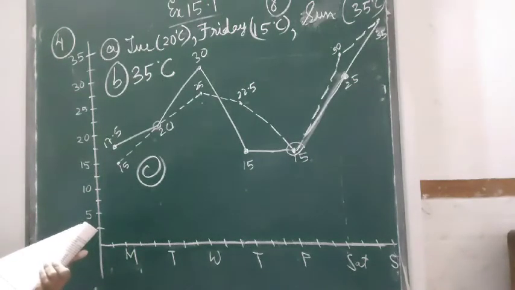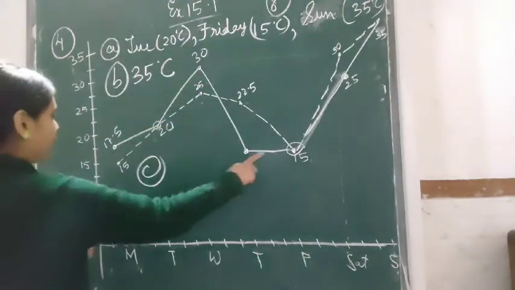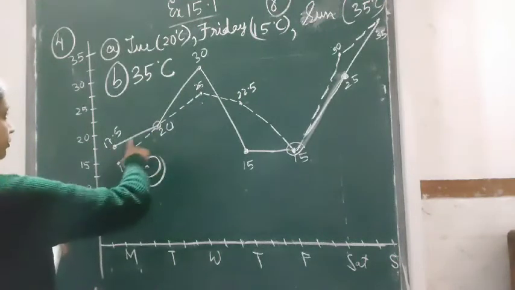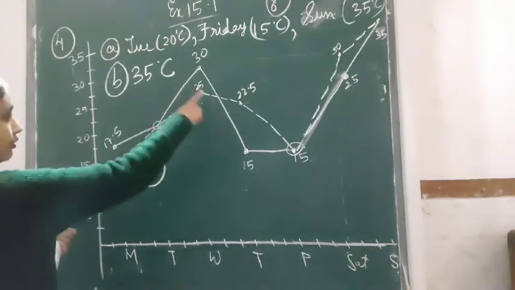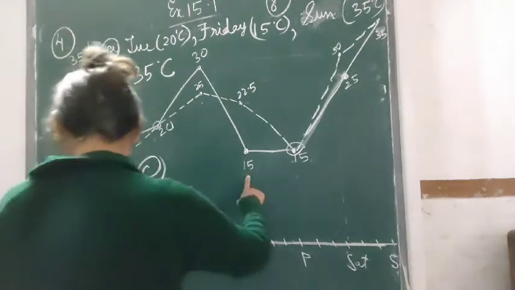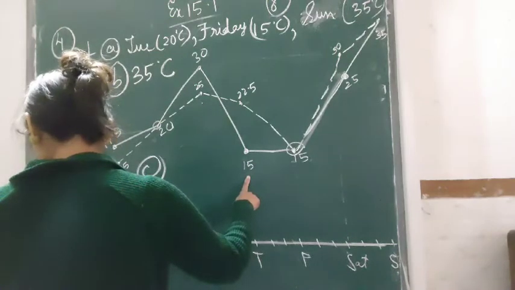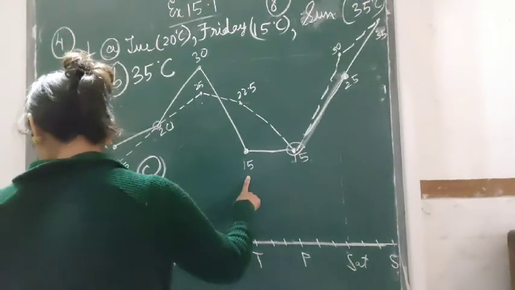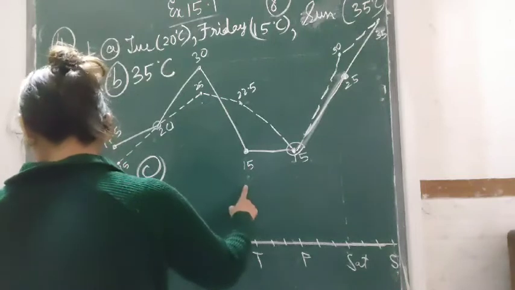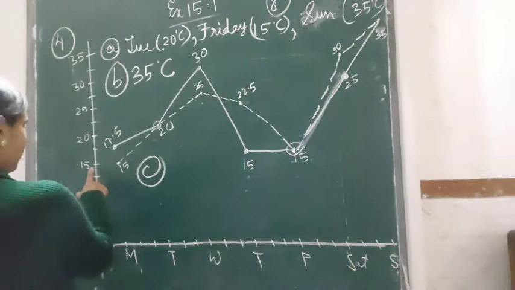What was the minimum actual temperature during the week? Actual means the proper line, and minimum, where it is minimum. We don't have to tell the days. We have to just tell what was the minimum temperature. So what is the minimum temperature, children?